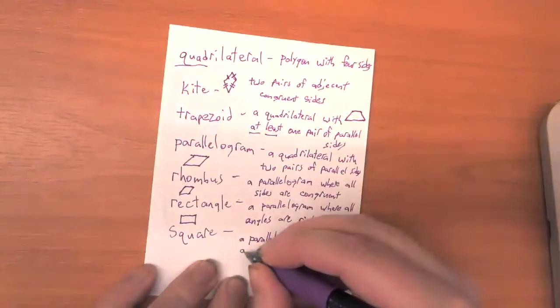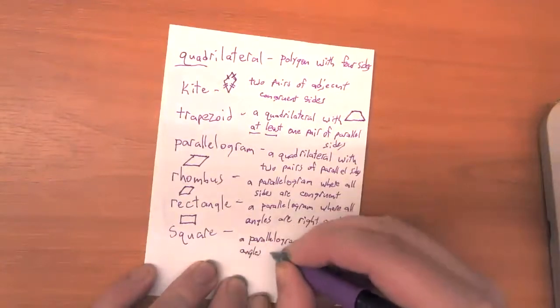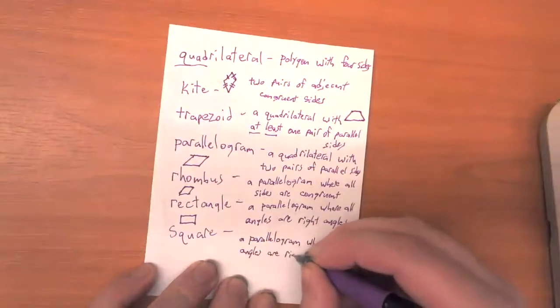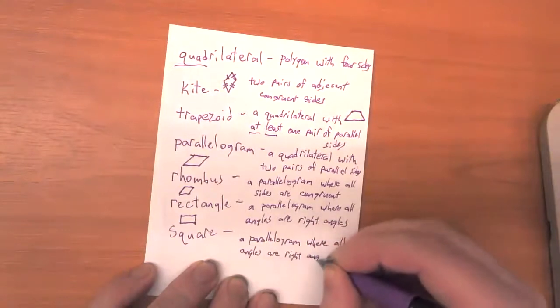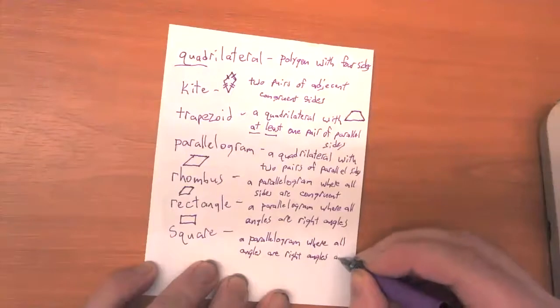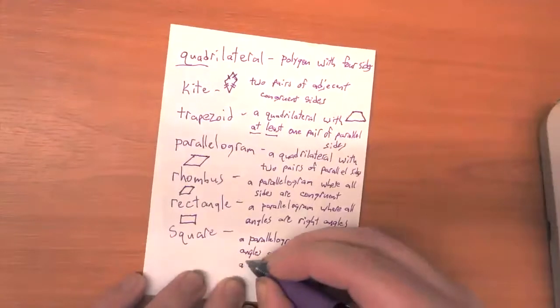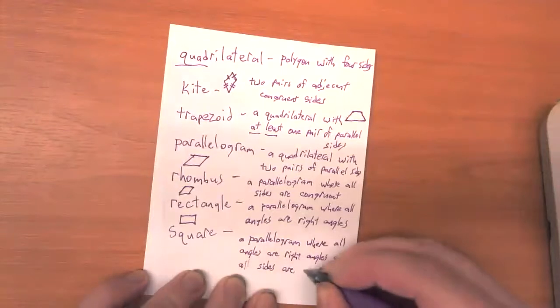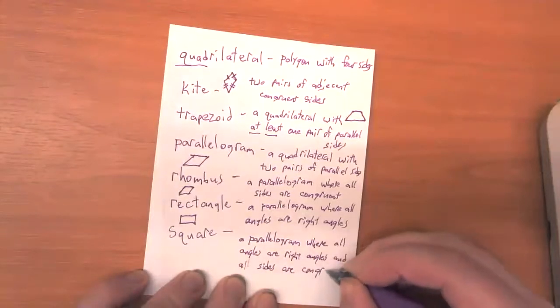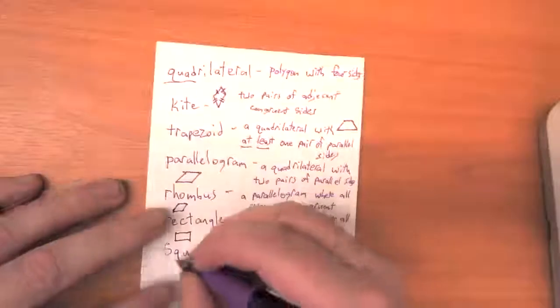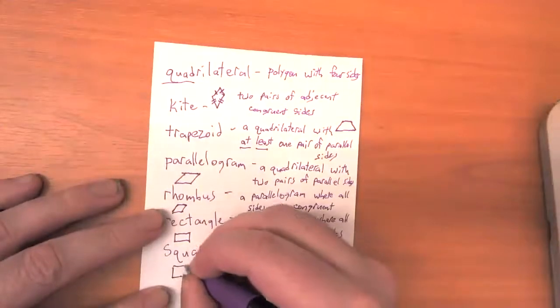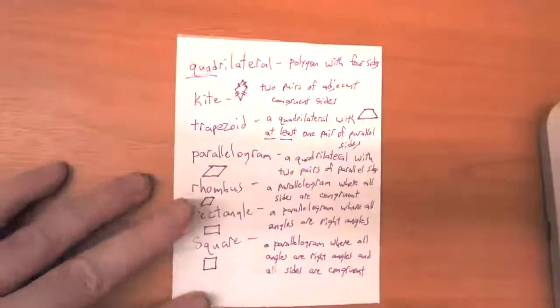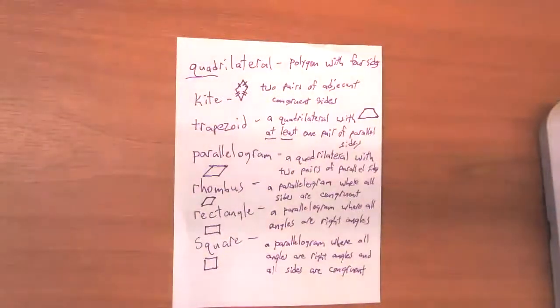So all angles are right angles, like a rectangle, and all the sides are congruent, like a rhombus. So a square looks like this. Okay, so that's a start.